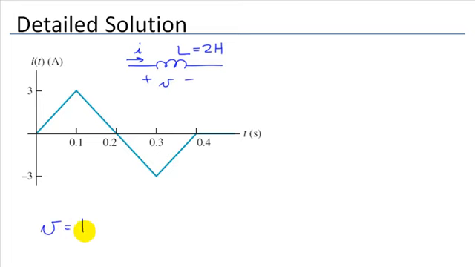And from this we write that the inductor voltage is the inductance times di/dt, or times the derivative of current. Now in this section of the current waveform, we see that we have a rise of 3 amps divided by a run of 0.1 seconds. So we say the slope of that straight line segment is 30 amps per second.